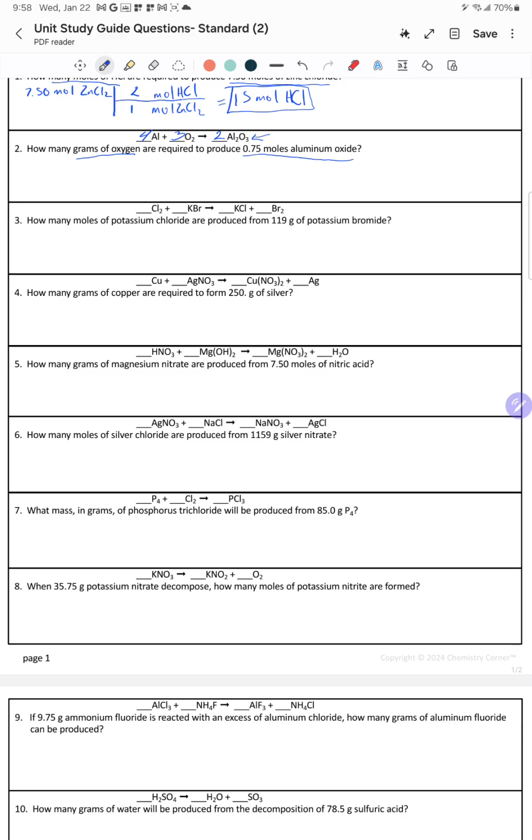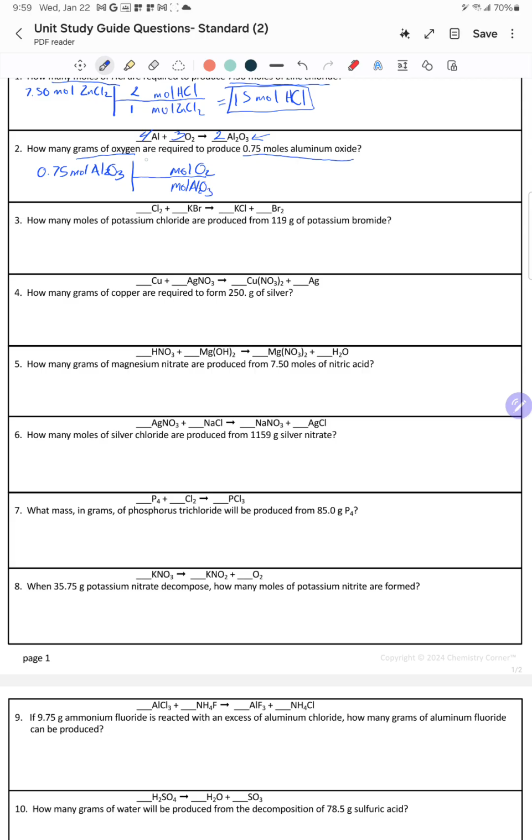Okay, now that we're balanced, let's get to our equation. We start out with 7.5 moles of aluminum oxide. Then we do our picket fence. On top goes where we're trying to go, so we're trying to get to moles of oxygen, from moles of aluminum oxide.